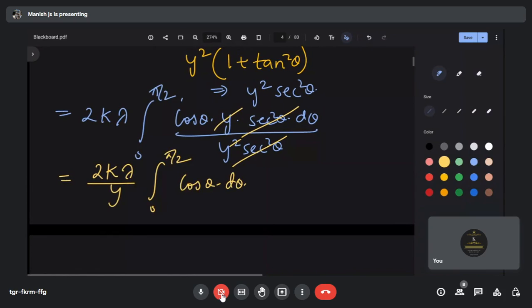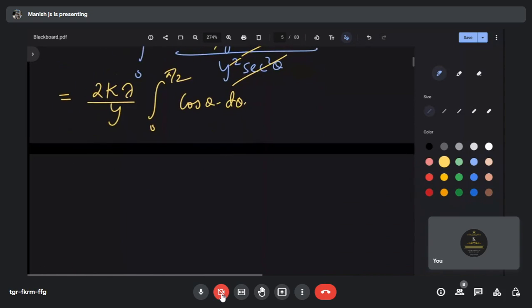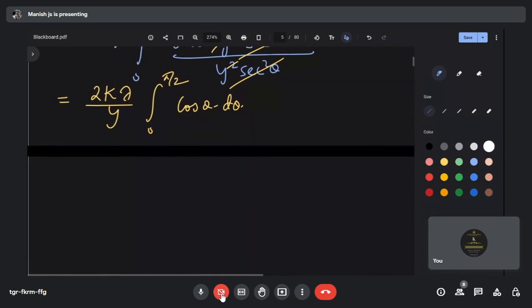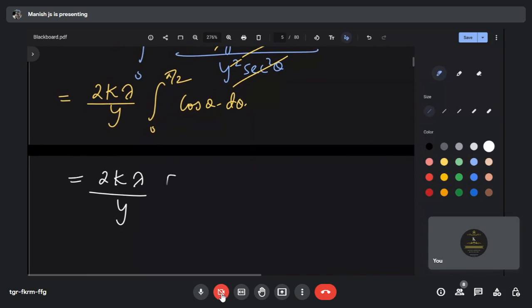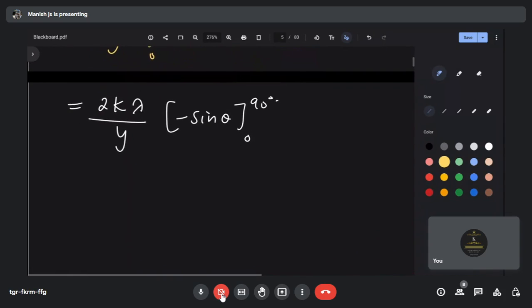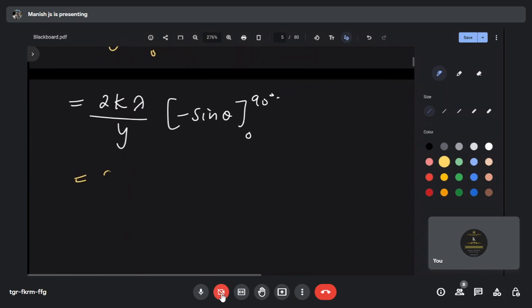So what is the integration of cos? Integration of cos is minus sin theta, sir. Yes, minus sin theta, substitute that. So 2k lambda by y, integration of cos, limits from 0 to 90 degrees. Convert pi by 2 radians to degrees, so 90 degrees. Then simplify: 2k lambda upon y, upper limit minus lower limit.